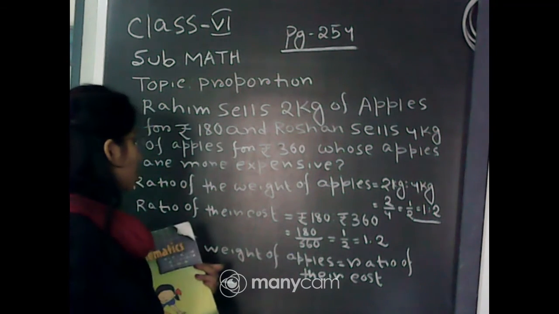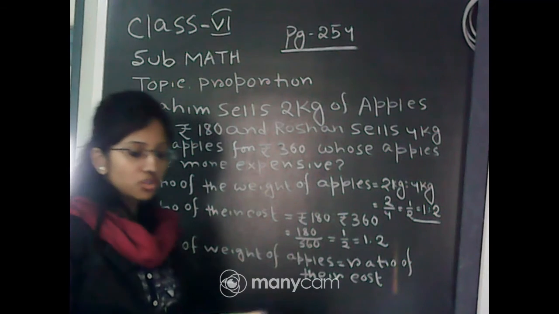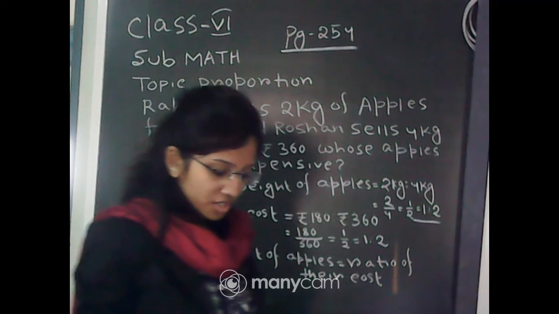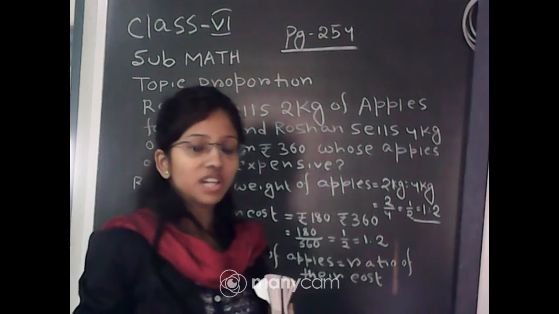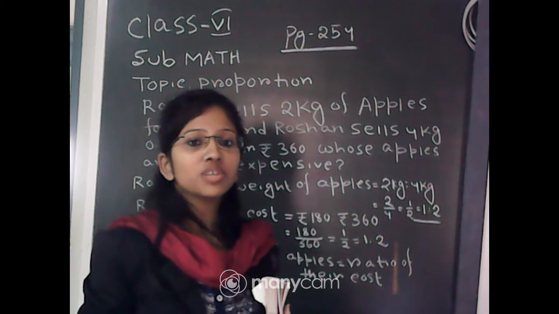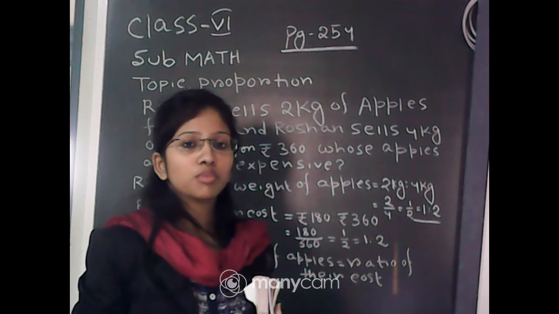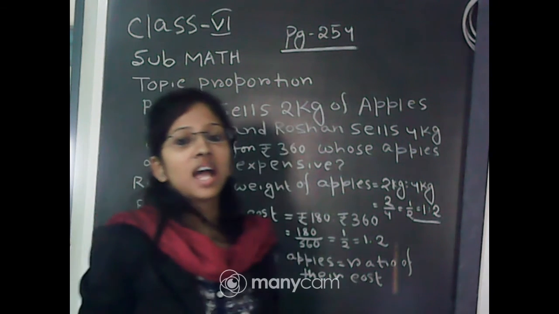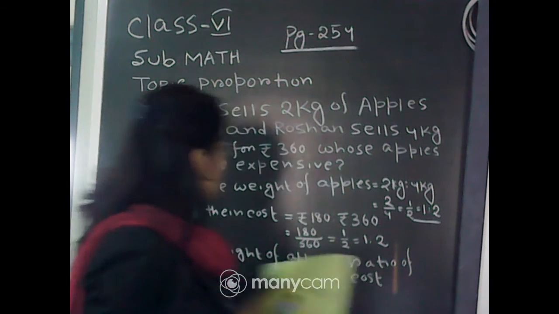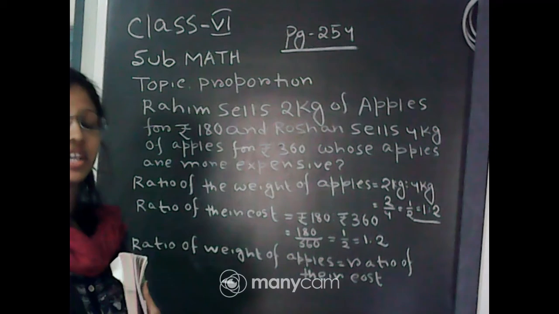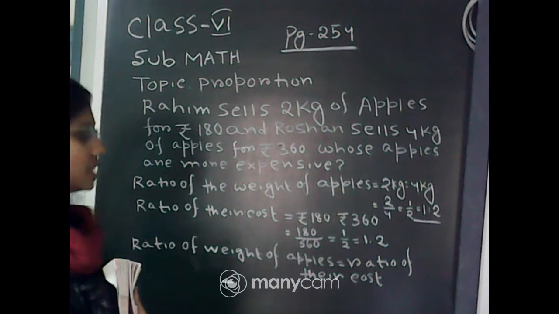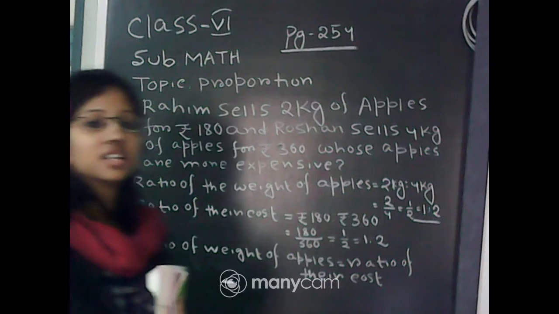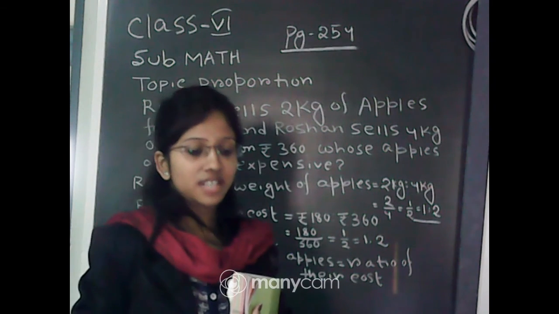Since both the ratios are equal, we say that they are in proportion and therefore they are selling apples at the same rate.